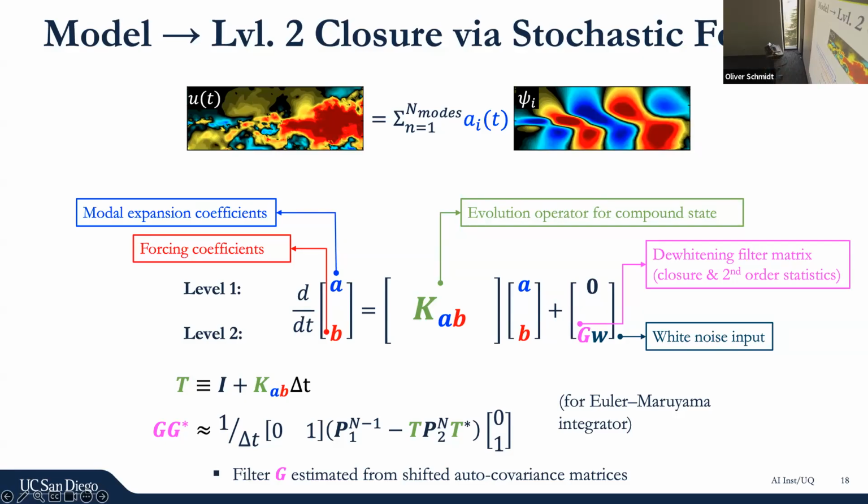Because of the stochastic input, we use a stochastic Euler-Maruyama time integrator, and then we can just multiply this with G, plug in our time integrator, solve it, and then we get a formula for this kind of Cholesky factorization, like a covariance of G, and that we can just compute. That gives us a matrix that multiplies our white noise input and gives us exactly the right color of noise to feed into this system and drive it forever.